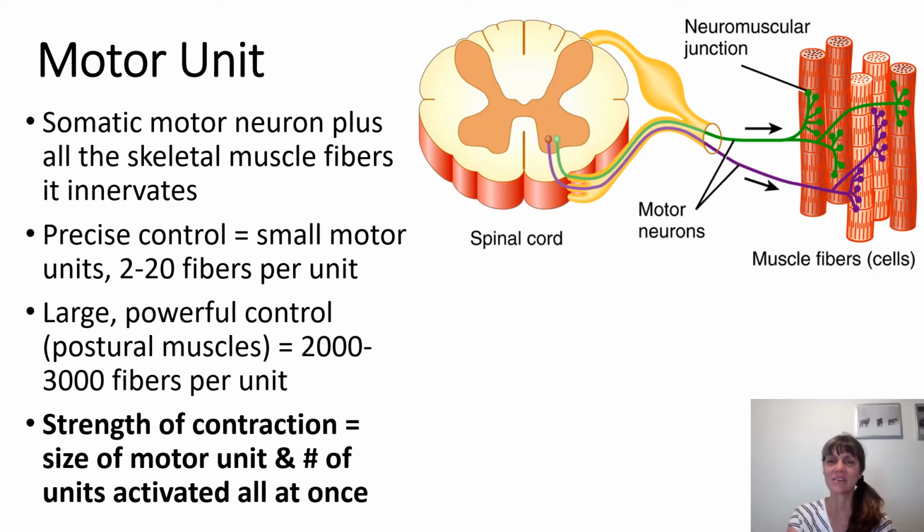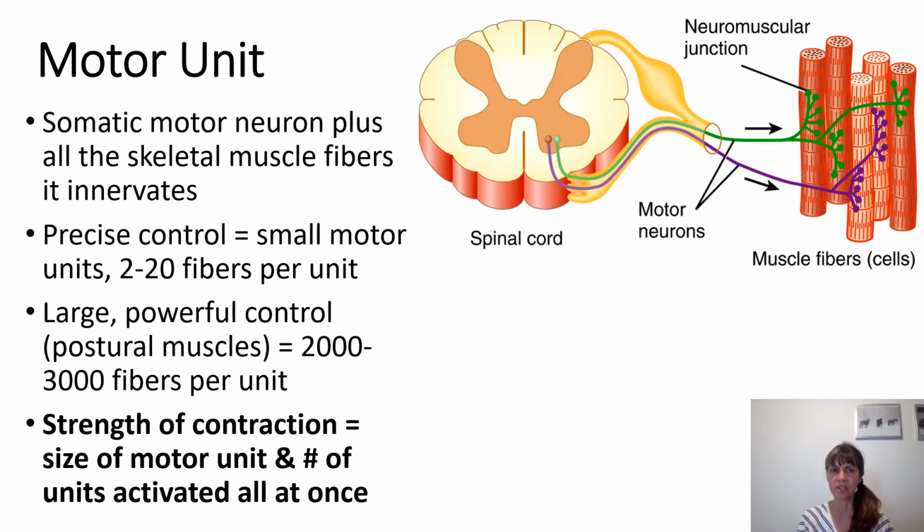The axons of these neurons exit the spinal cord, forming nerves that are going to go to the skeletal muscles. As they reach the end, they branch out to go to varying numbers of skeletal muscle fibers.